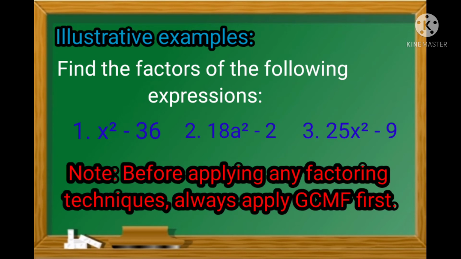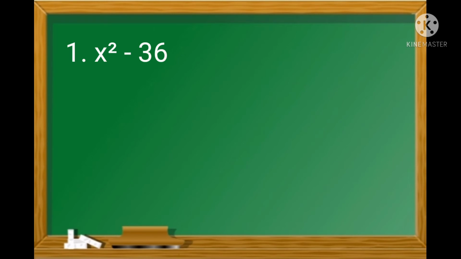Please be reminded that before applying any factoring techniques, always apply GCMF first. In example number 1, there is no common factor of each term. So, we will proceed to difference of two squares since each term is a perfect square and was separated by a minus sign. To factor x squared minus 36, we will get the square root of each term.